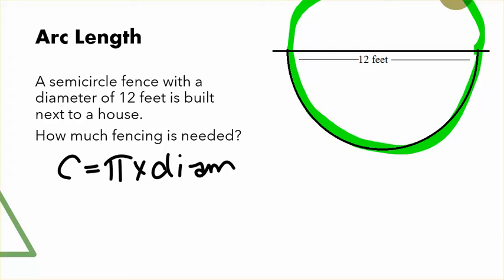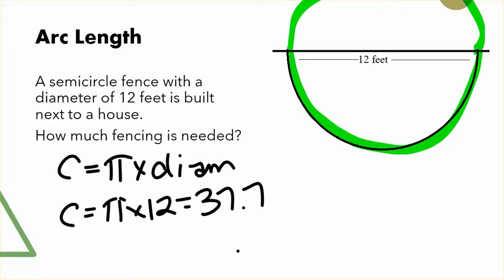Well, circumference can be found by pi times diameter. So pi times 12. The entire circle would have a circumference of 37.7.